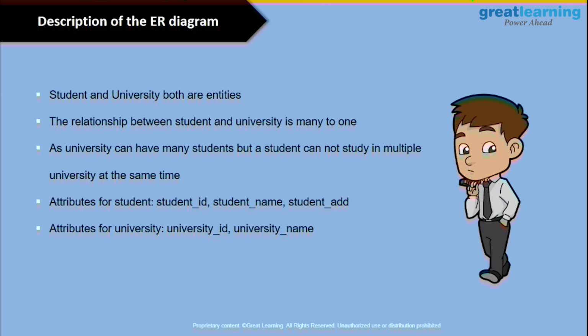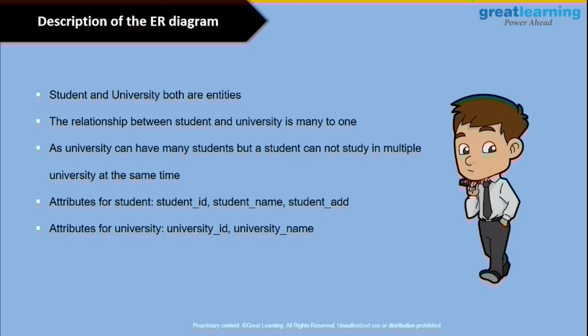A university can have many students, but a student cannot study in multiple universities at the same time. So this is how you define the relationship between these two entities. You can say, hey, a university can have lots of students, obviously, it's a university. But a particular student cannot study in multiple universities at the same time, right?